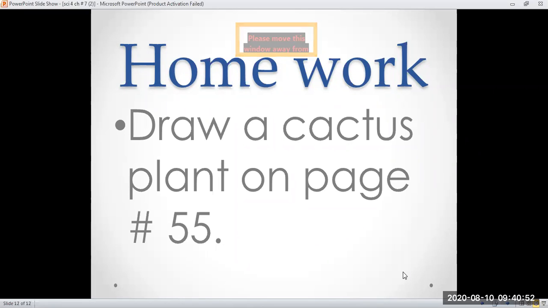On page number 55, the box that is given, what are you saying, Hamna? I can't hear. On page number 55, what? The big box given on page 55, do we draw inside it? Yes, you are going to draw the cactus plant on that given box. Okay.